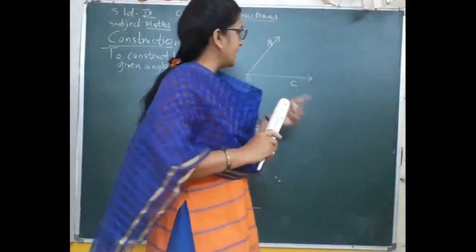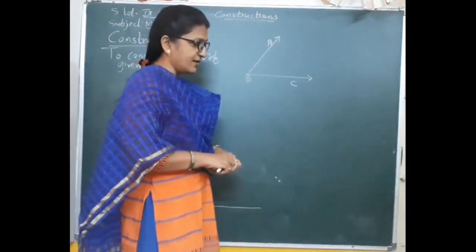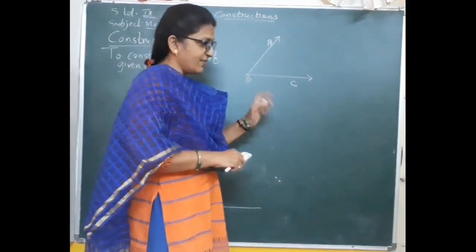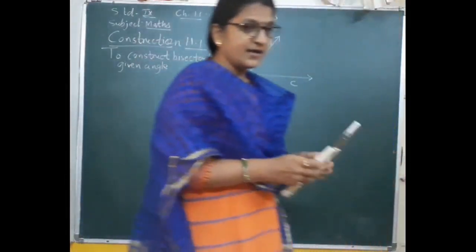Now this ABC is the angle of given measure. We have to bisect it.